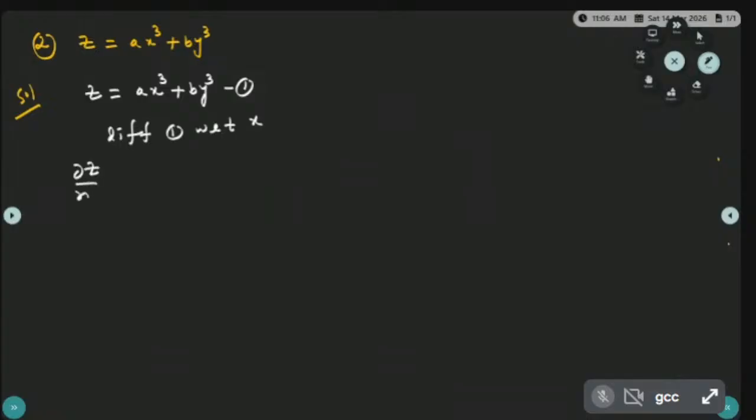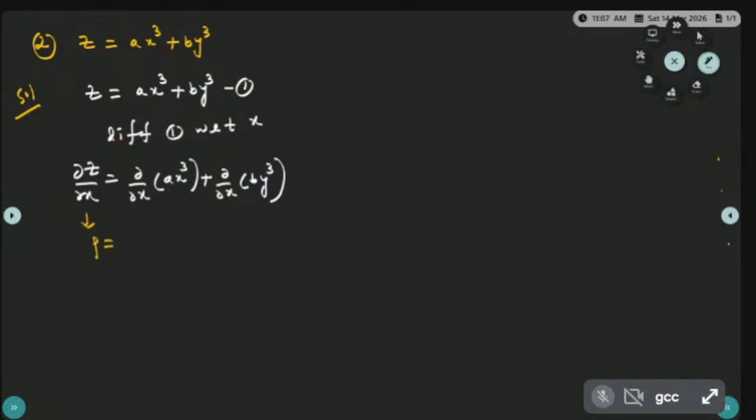Dou z by dou x, dou by dou x of ax cube, dou by dou x of by cube. Dou z by dou x is p.